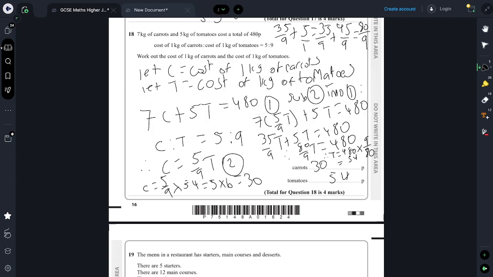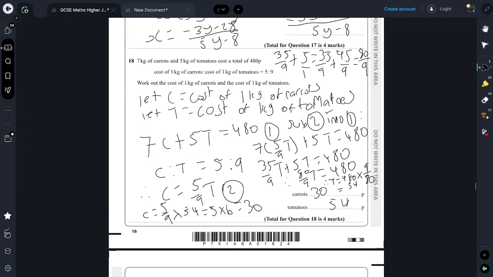Cool. Yeah, I did hear a lot of problems with this question. I think the hardest part of this question, like I said, is that people just aren't comfortable with algebra and using letters to represent unknowns. Once you use this line, like let C equal this and T equal this, it becomes a fairly standard simultaneous equations question. It's a bit different, I guess, but you've got two equations, two unknowns.